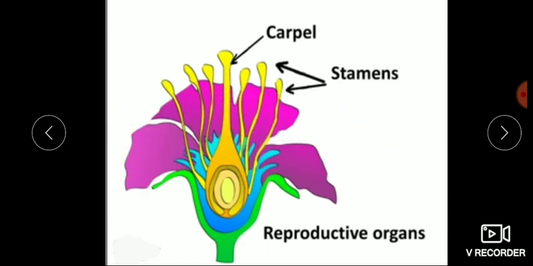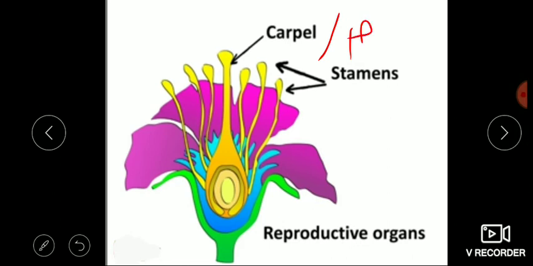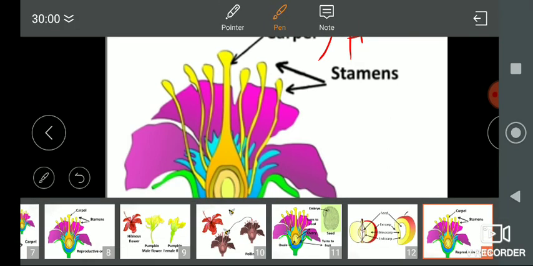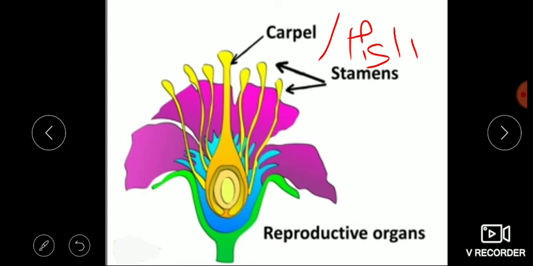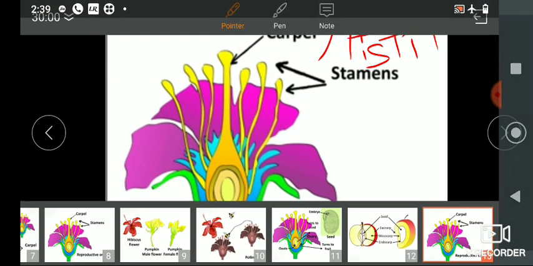So that's clear, beta, the flower is a reproductive organ and has two reproductive parts. The male part is the stamen that has two parts, anther and filament, and the carpel or pistil. The carpel has three parts.